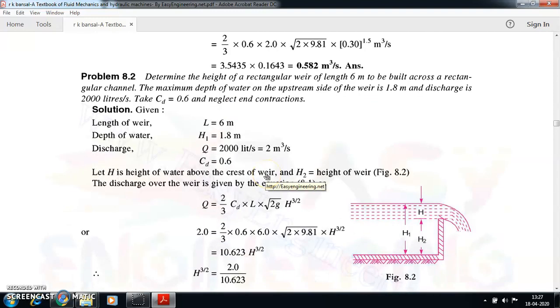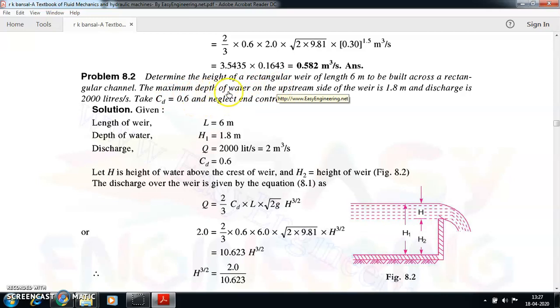Let us go to the next problem, 8.2. We need to determine the height of a rectangular weir of length 6 meter to be built across a rectangular channel. There is a rectangular channel, so you want to build a rectangular weir, and the weir length is given to you, which is 6. What is the height of that particular weir?